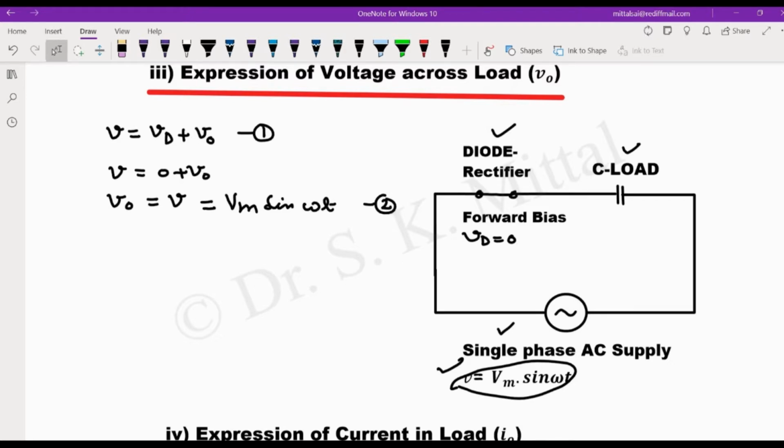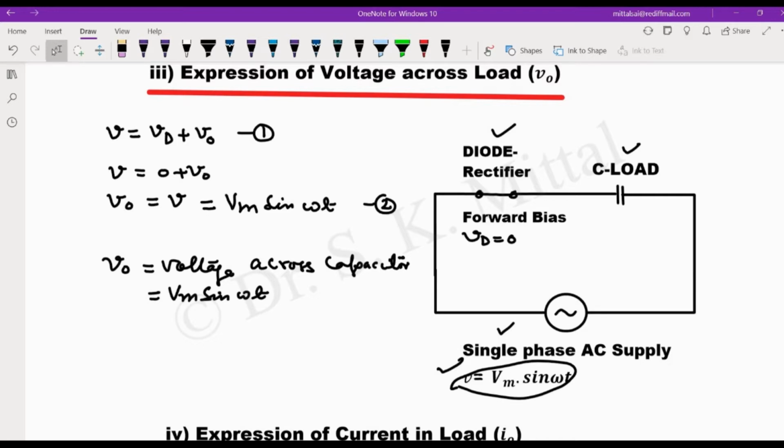Therefore, the voltage across the load V0, which is the voltage across the capacitor here as a load, is equal to Vm sin omega t.